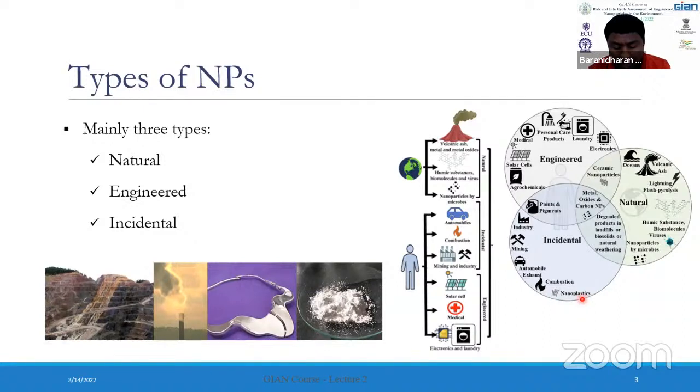Paints and pigments. Normally, titanium dioxide is used in some of the paints, and these can accidentally get released into the atmosphere. So once they get accidentally released, their concentration and the nature in which they have been used all become a question mark with respect to their presence in the environment. So what really happens is a matter of question.